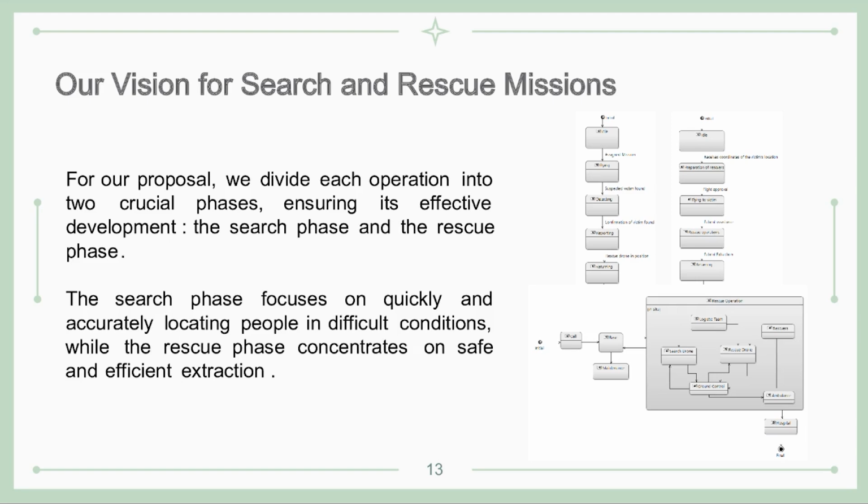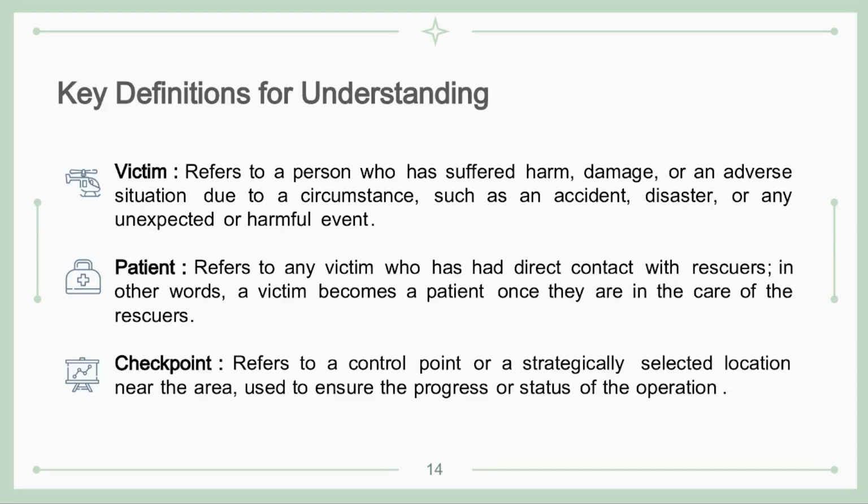The flowcharts seen illustrate how these two phases seamlessly integrate, ensuring that every step of the operation is accounted for and optimized for success. To unify the concepts, some important definitions are presented to properly understand the operation.